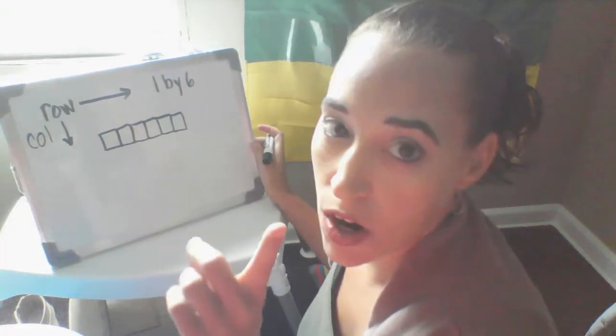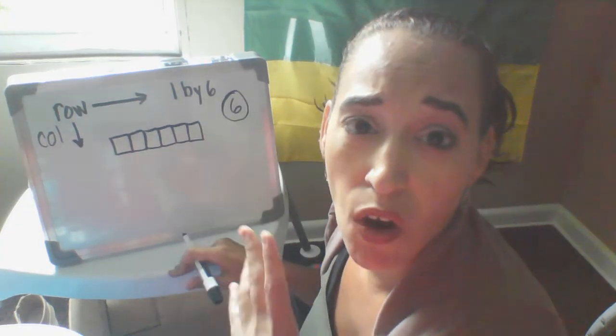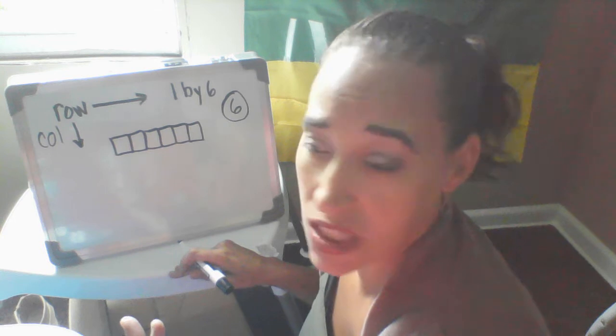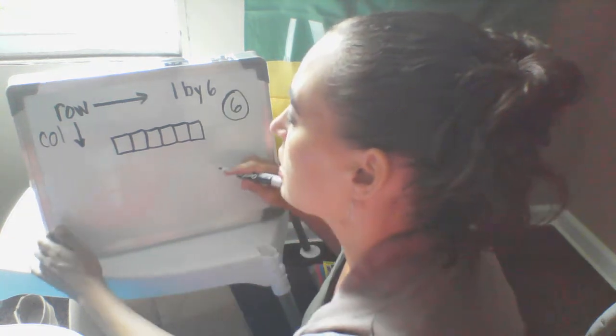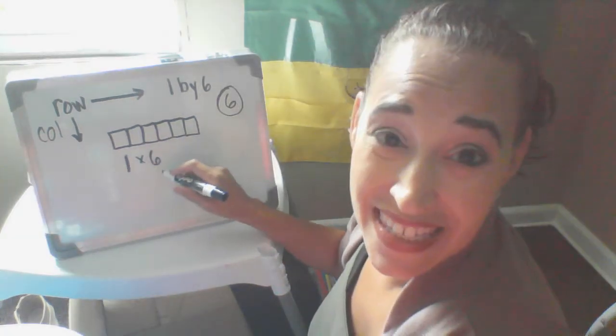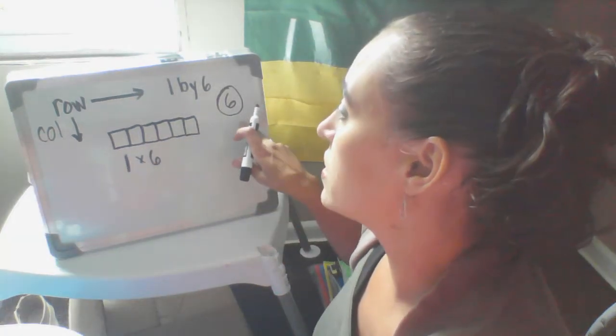Remember, our number is 6, and I'm asking you to find all the factors of 6. So I said 1 by 6, so I'm saying 1 times 6. So 1 and 6 are both factors of 6.